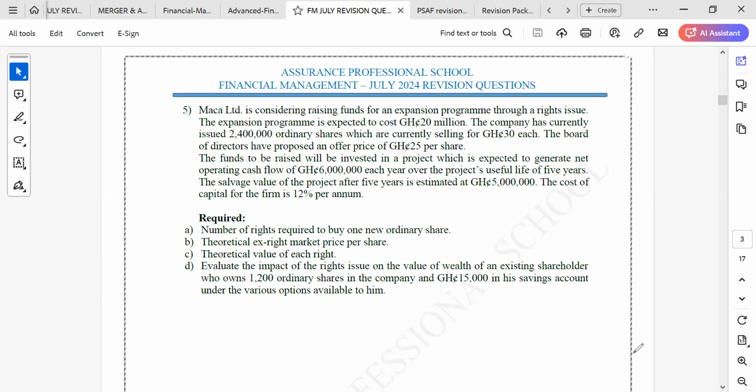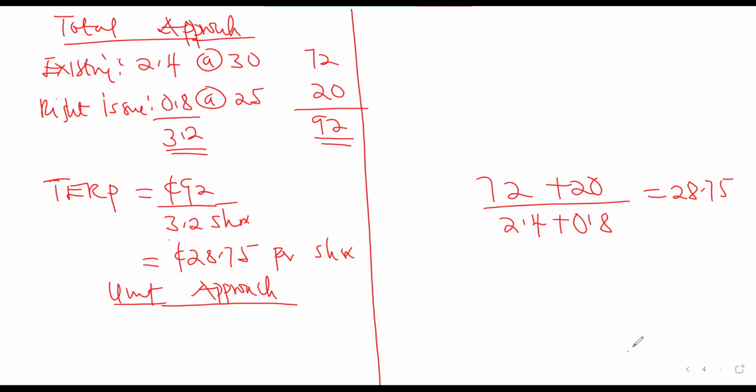We are bringing 3 for 1, isn't it? Bring 3 of your existing shares for 1 new share. Is that correct? Yes. Which is the same as 1 for 3. So we bring our existing shares. How many shares are we bringing? We are bringing 3 at 30 cedis, and this will give us 90.